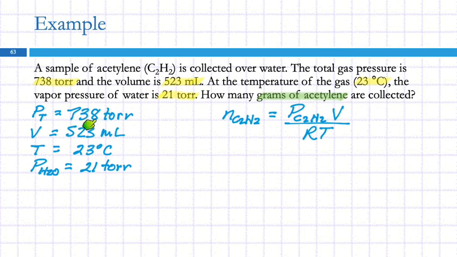We have the total pressure, which is the sum of the pressure from acetylene and the pressure from water, and here we have the pressure of the water. So to get the pressure of the acetylene, we're going to need to subtract. So the pressure of just the acetylene is going to equal the total pressure minus the partial pressure, or the vapor pressure of water.